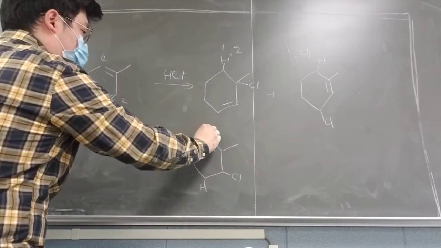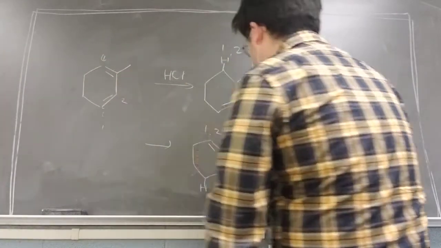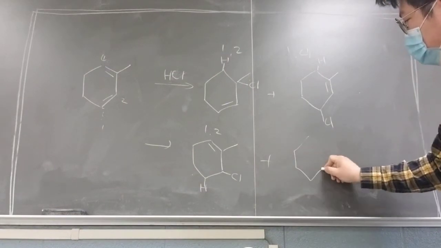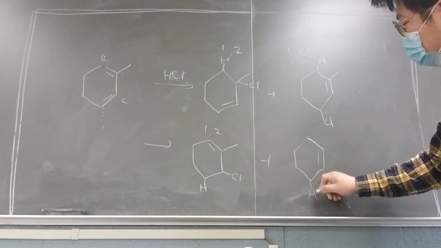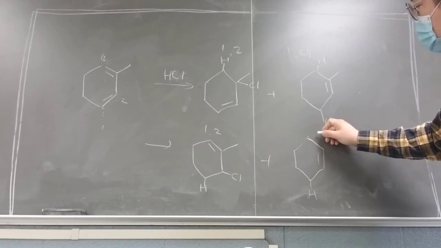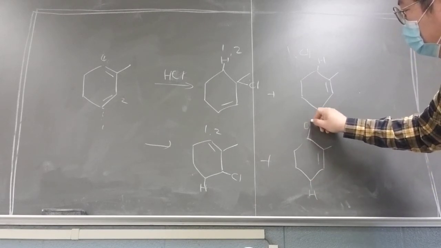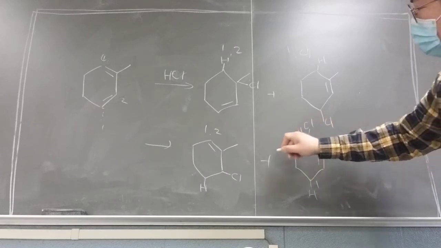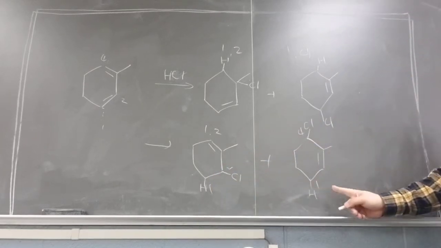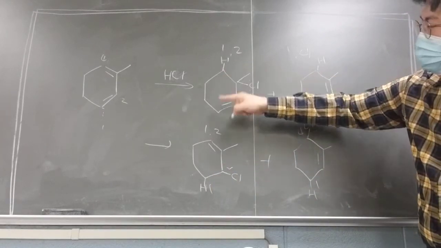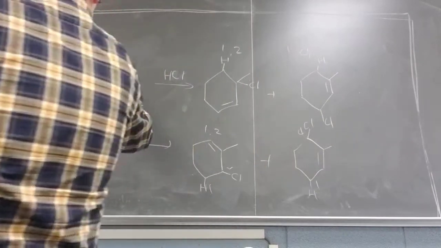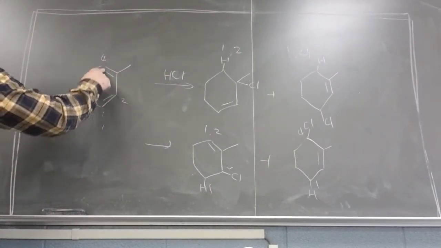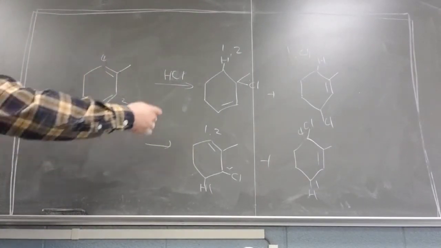This is 1,2, and also you can do 1,4. It's 1,4, 1,2. You see, right? So we did 1,2, 1,4, 1,2, 1,4. There'll be 4. That's why we have a 4.